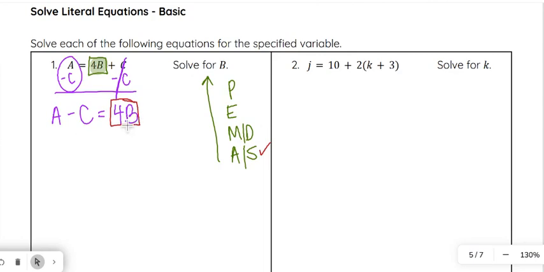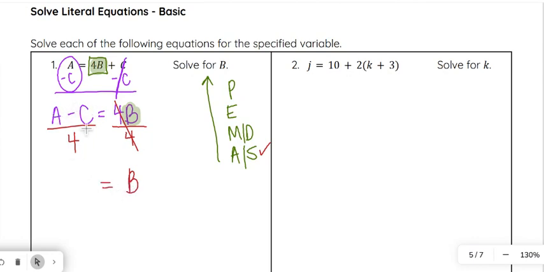For multiplication and division, I would look and see, is there any multiplying or dividing that would need to be undone to isolate the B? So now that we have that B term, 4B, isolated, just look at B. 4 is being multiplied by B. So we're going to do the inverse of multiplication, which is division. So we divide both sides by 4. 4B divided by 4 is just going to be B on that right side.